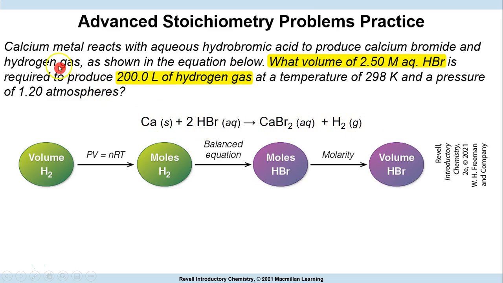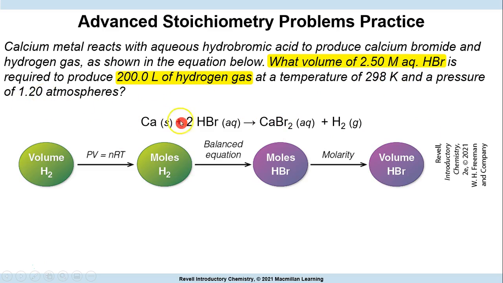So we are asked to calculate what volume of 2.5 molar hydrobromic acid is required. So we are calculating the volume of hydrobromic acid. So how are we going to solve this problem? We've been given the volume of hydrogen, we've been given the temperature, and we've been given the pressure.